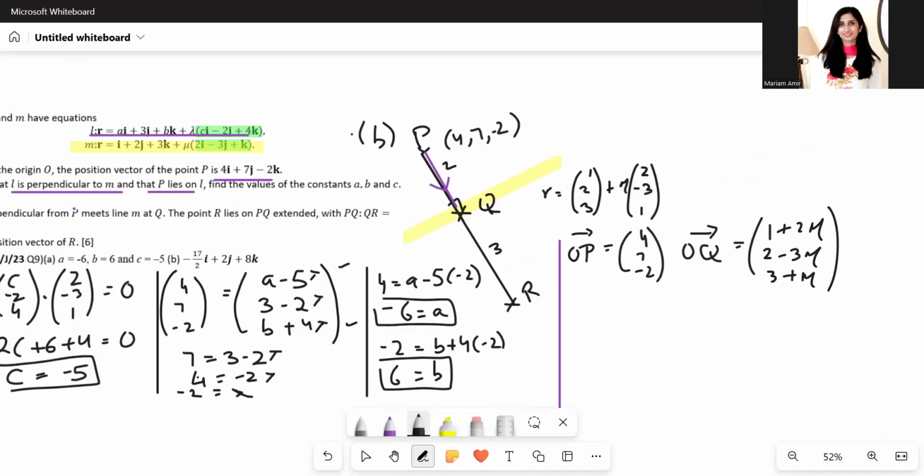We're going to find PQ first. PQ would be OQ minus OP. So I'm going to subtract these two. So that would be (minus 3 plus 2 mu, negative 5 minus 3 mu, and 5 plus mu). That is PQ.